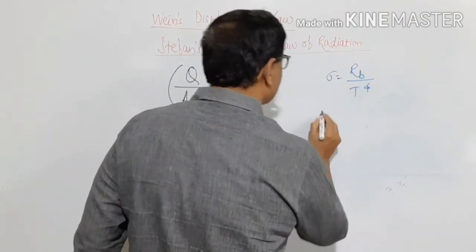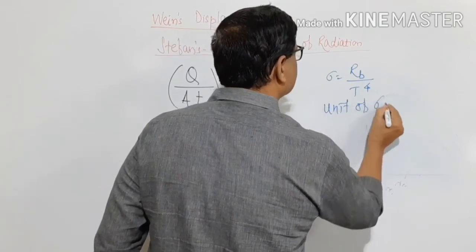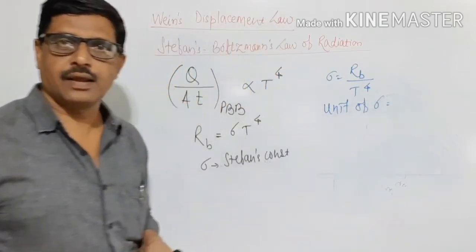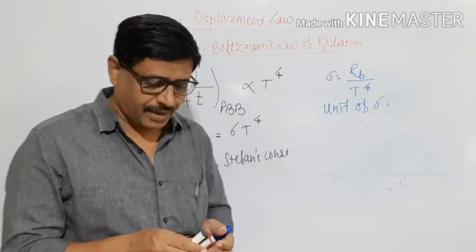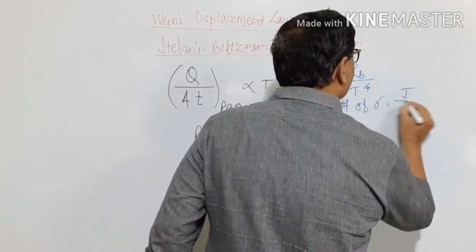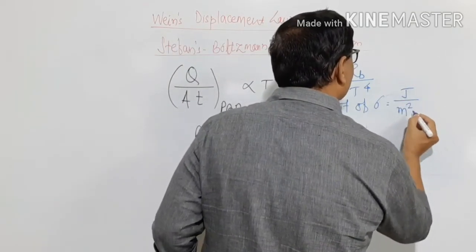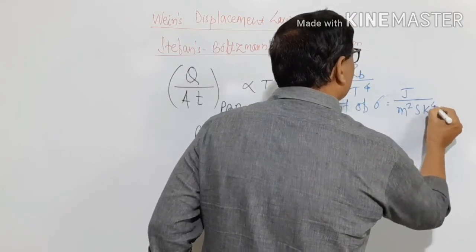Therefore, the SI unit of sigma is, what is R? Heat emitted per unit time per unit area. Therefore, it is joule per meter square per second per Kelvin to the power of 4.